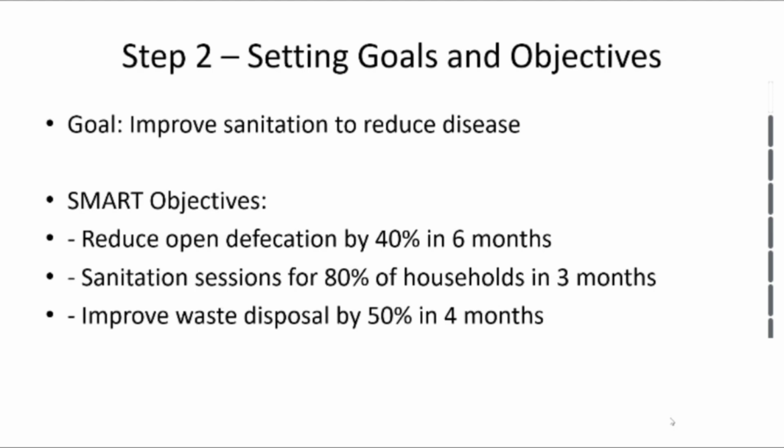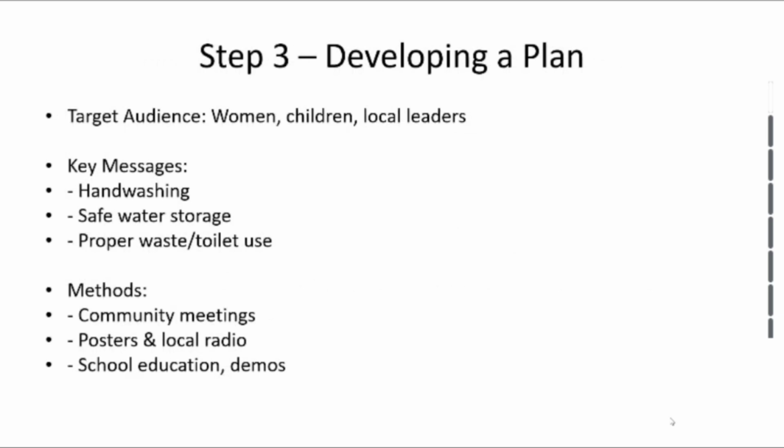Examples of objectives: you can decide to reduce open defecation by 40% in 6 months, sanitation sessions for 80% of households in 3 months, improve waste disposal by 50% in 4 months. Those are some of the goals you can set. Goals enable you to measure progress.